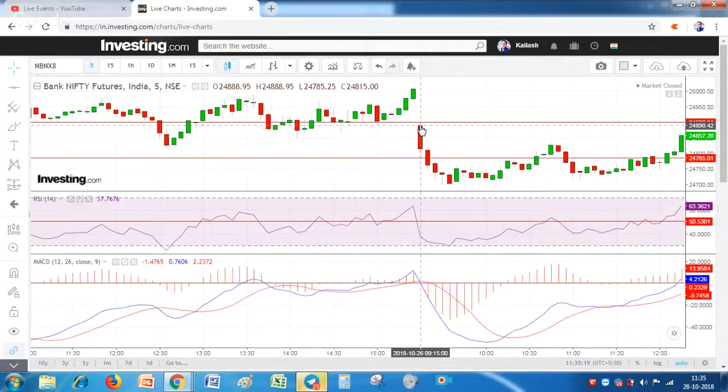So what is our level? This is somewhere 24,890, or we can keep it at 24,900. So how much risk is there? There is a risk of approximately 115 points.